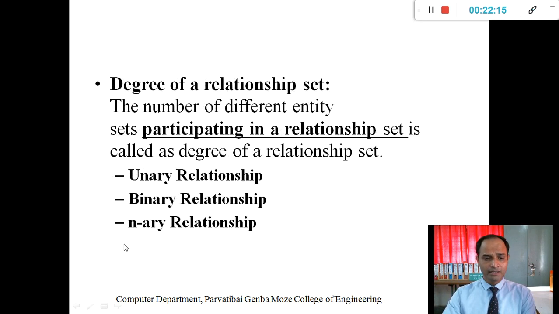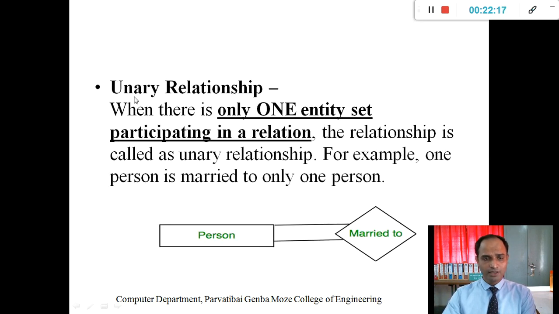Unary, binary, and n-ary. First, the unary relationship: when only one entity set participates in a relation, meaning a single entity set. For example, the person entity set contains men and women. A person has a relationship of type married to with another person.